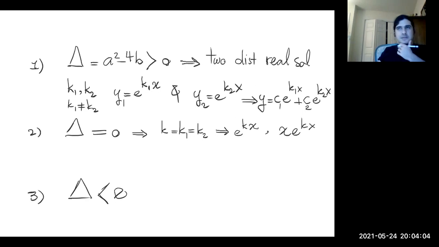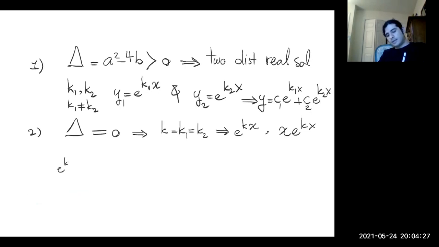You can simply check that if e to the kx is a solution, then x times e to the kx is also a solution. These two solutions are linearly independent, so any solution is a linear combination of them. Maybe it's good to check that. We already know e to the kx satisfies the equation. The claim is that x times e to the kx is also a solution.